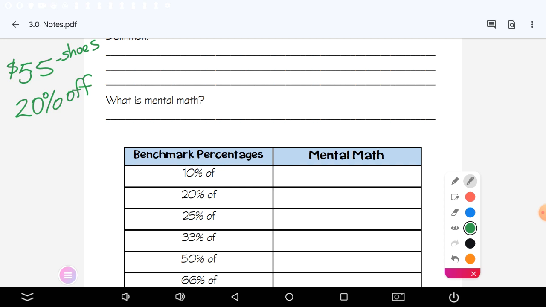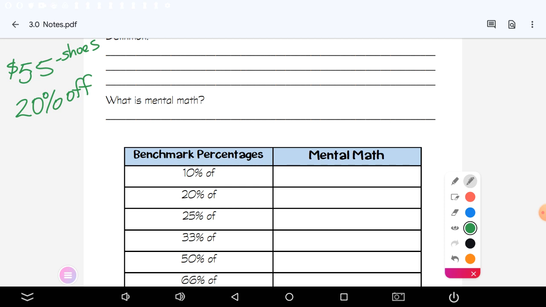If it's 20% off, that means you are paying 80%. So there are two different ways you could figure out this problem. If we found what 20% was, that's 20% off. Then we would have to take 55 minus 11 to get our sale price of $44.